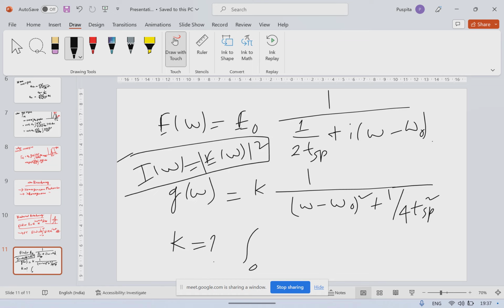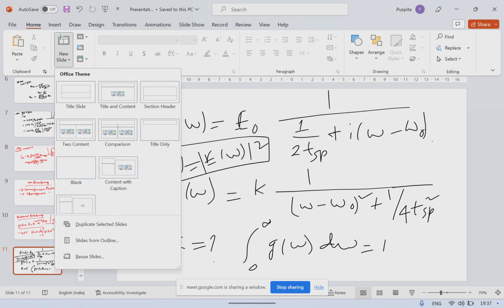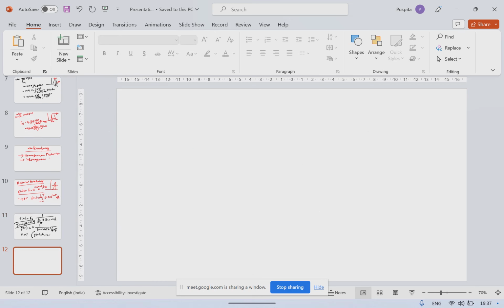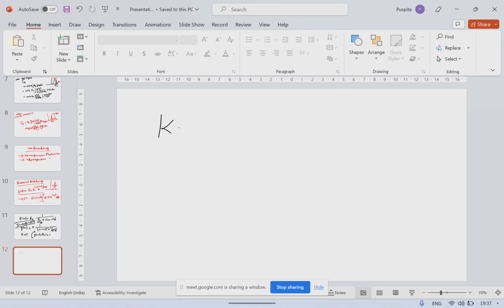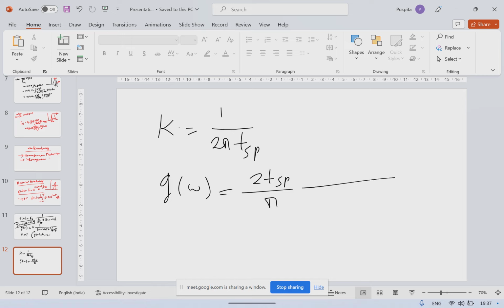So we know the normalization: the integral of g omega d omega is 1. So if we do that normalization over 0 to infinity, we will get k equal to 1 by 2 pi TSP. So g omega can be written as TSP by 2 pi into 1 over omega minus omega naught whole square plus 1 by 4 TSP whole square.